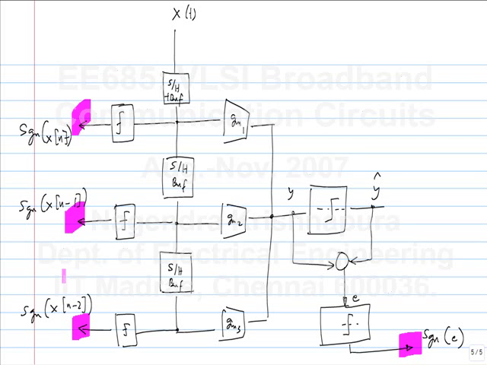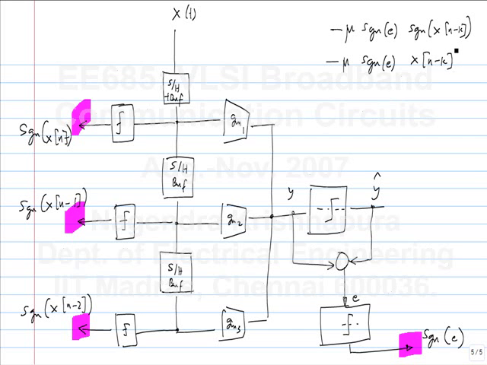But how will you do that? You have to multiply. Yeah, that's correct. You are saying that instead of using minus mu sign of e sign of x n minus k, you will use minus mu sign of e times x of n minus k.